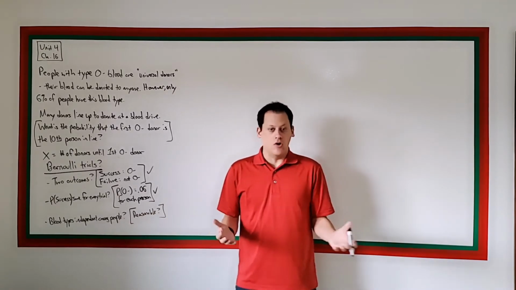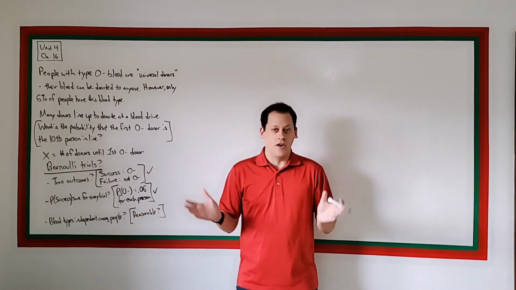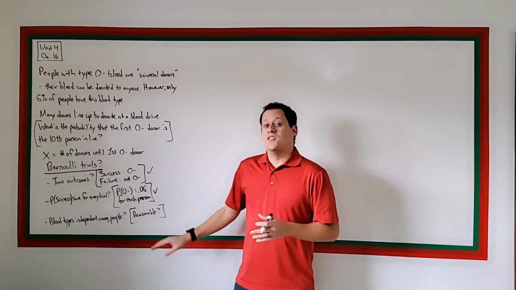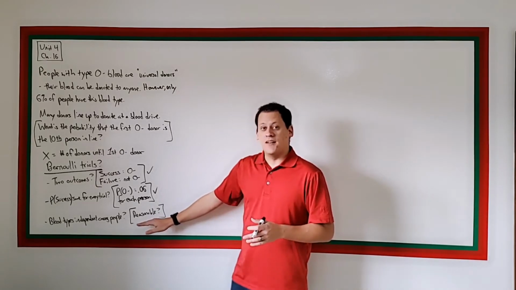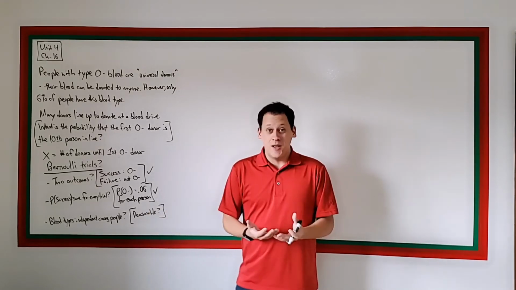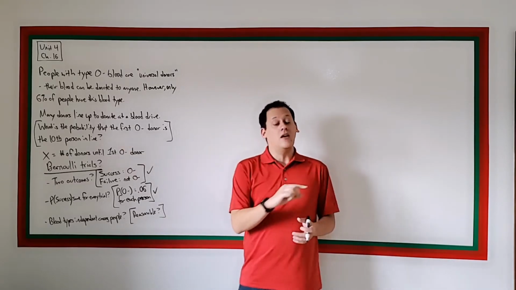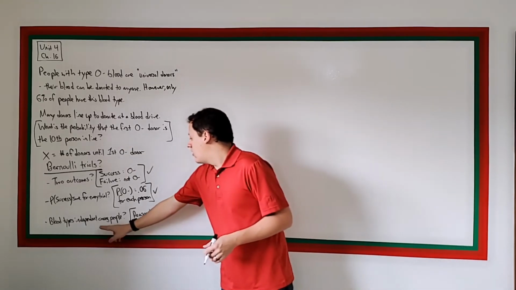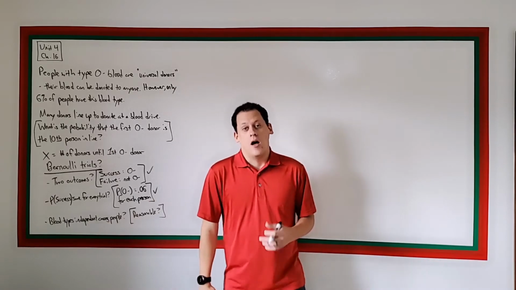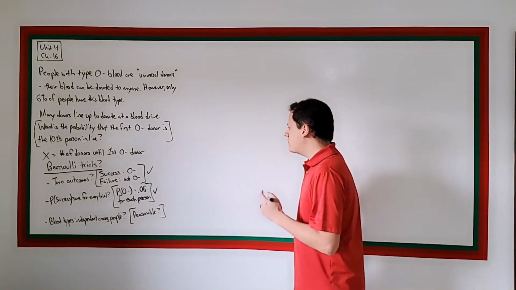I don't even know, right? So this could be a problem. And if this condition isn't met, we're not going to be able to use the model that we need to answer this question. Luckily, there's a workaround for independence among individuals.